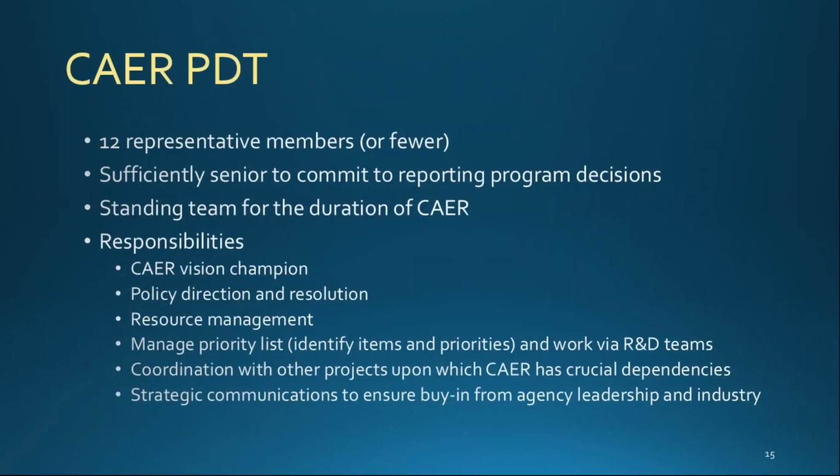Okay, now here I'm going ahead and covering the product design team, and it's a pretty large group. As you see here, we call it 12 representative members, and it's large here because we're bringing together 4 different programs within EPA itself, plus bringing in our IT group and others.